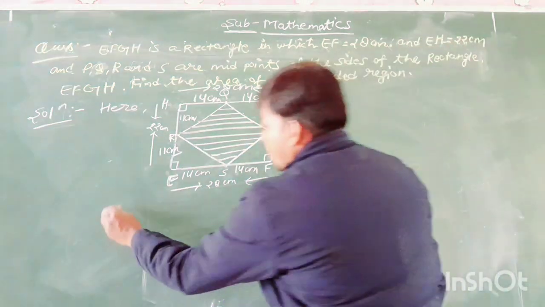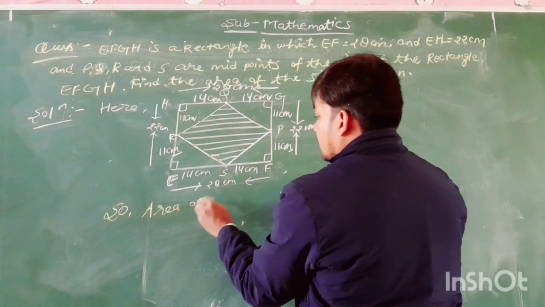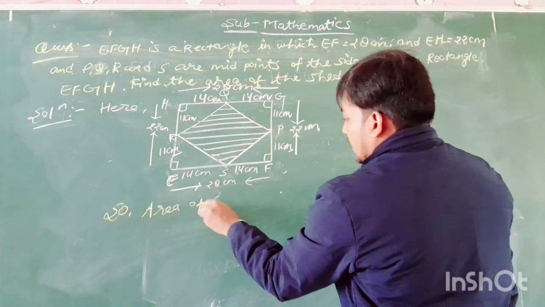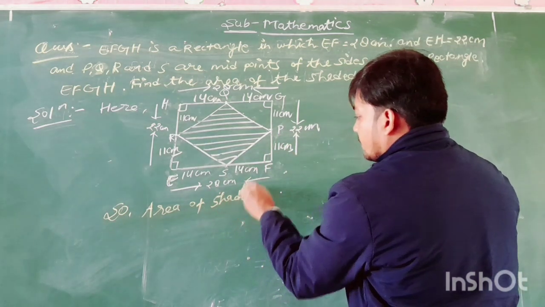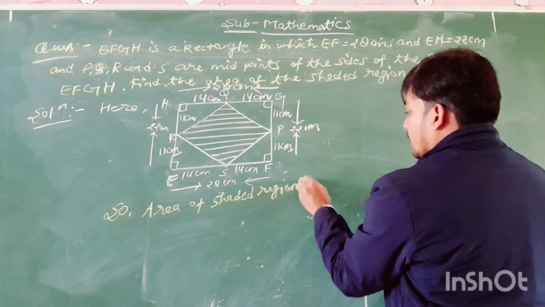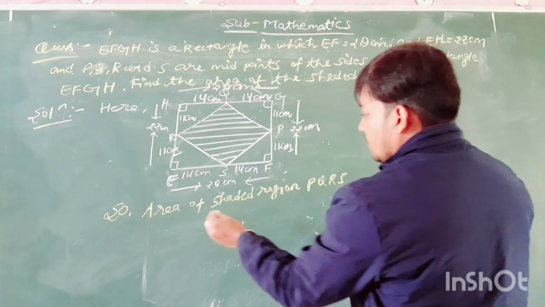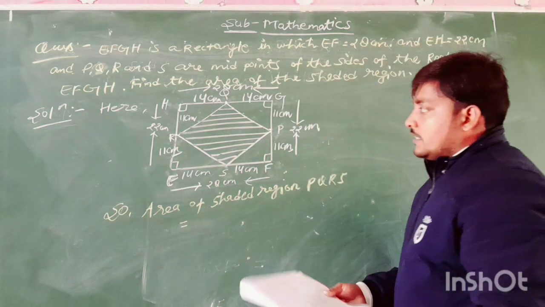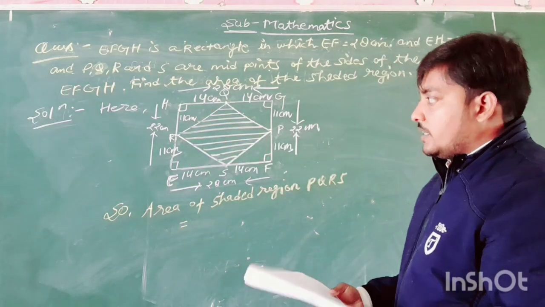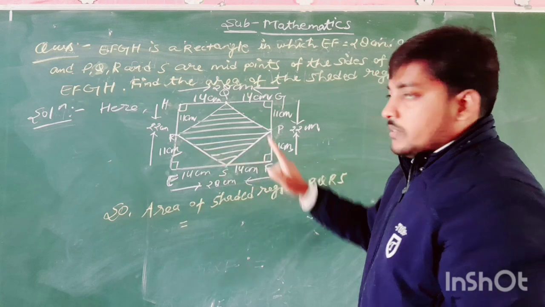The areas of these triangles are equal, because these triangles are congruent.